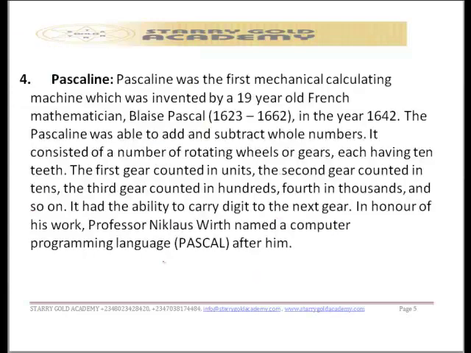All right. Now, next one, which I consider is called Pascaline. Some call it Pascaline.